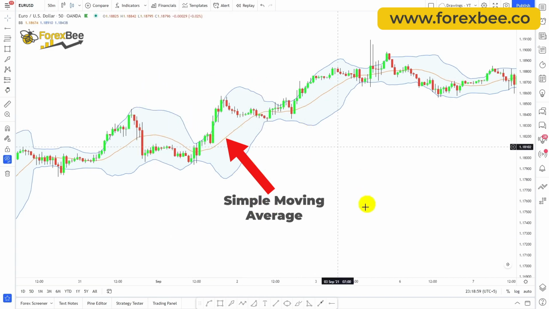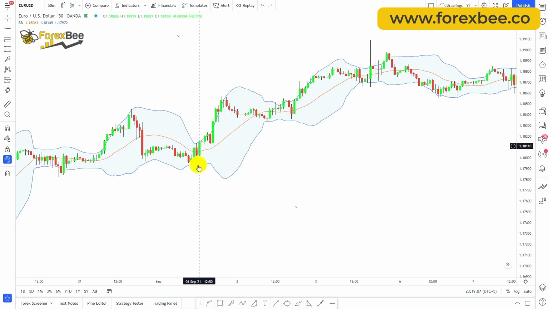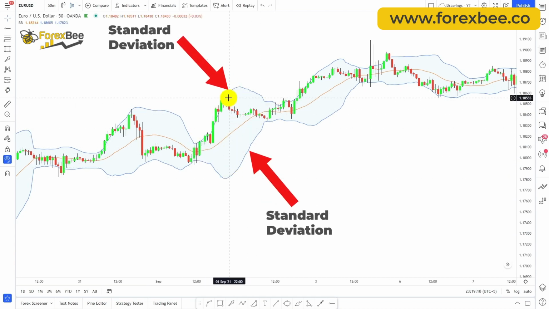That would give us the simple moving average for the next candle. So this is how a simple moving average works, and these two lines are basically the standard deviation. Now let me show you the settings of the Bollinger Band indicator so that you can understand how to use it on your charts.